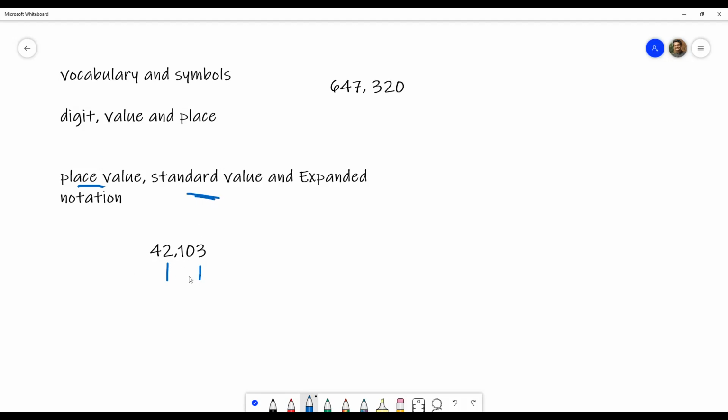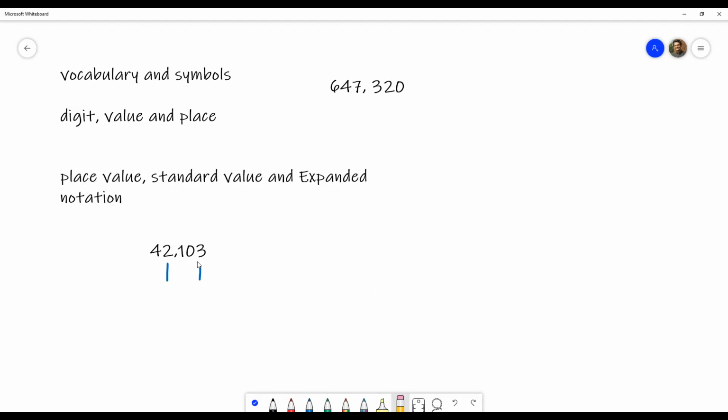That's how it's written, so there is no 2,000. You don't have to make 2,000 to express the standard value. You just say 3 is in the ones place, 2 is in the thousands place, 1 is in the hundreds place, 0 is in the tens place, and 4 is in the 10,000 place. Correct. You guys are doing great in place value.